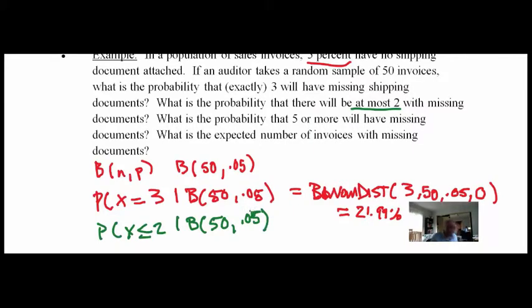All right, I kind of wrote this wrong, but this is exactly the same thing. Binomial dist, bracket 2, right? 2 is what we're after this time. 2, comma 50, comma 0.05, and then instead of 0 this time we say comma 1, right?